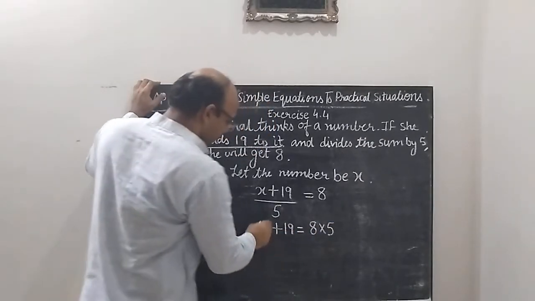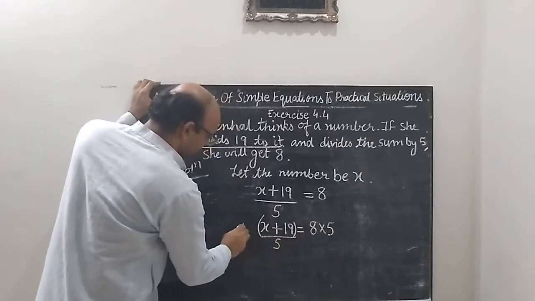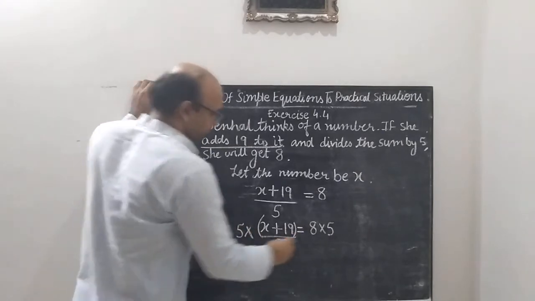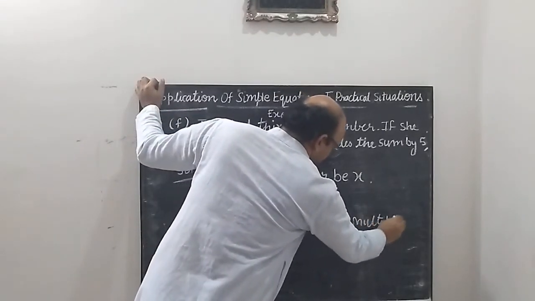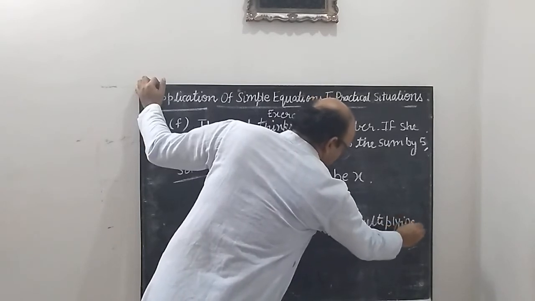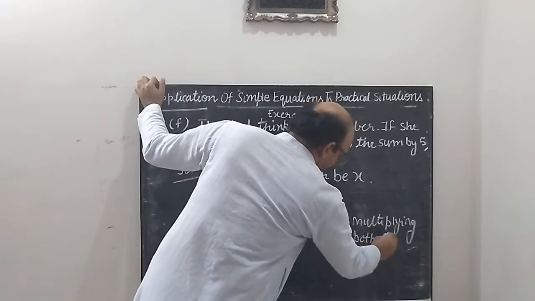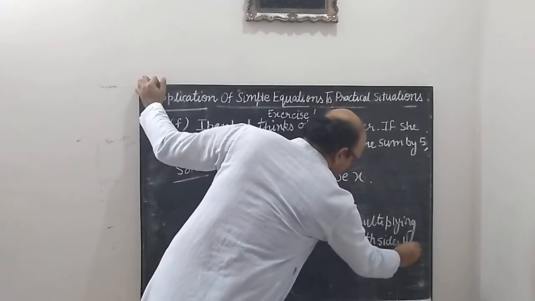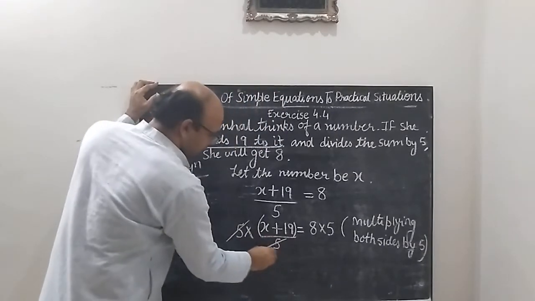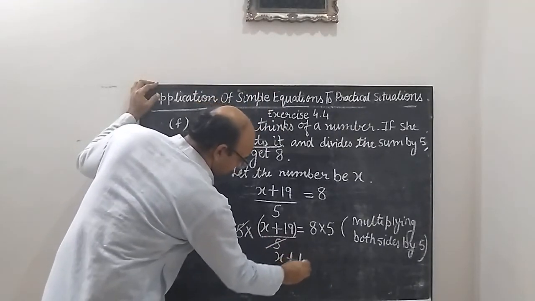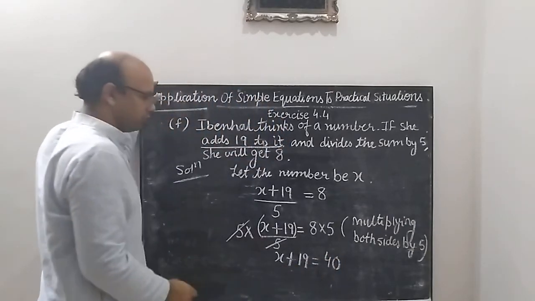What we have done is multiply both the sides by 5. So 5 cancels out. We have x plus 19 is equal to 8 into 5, which is 40.